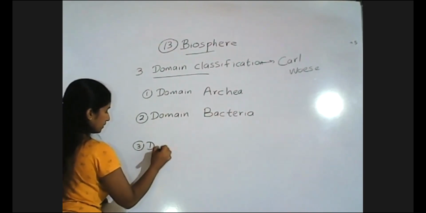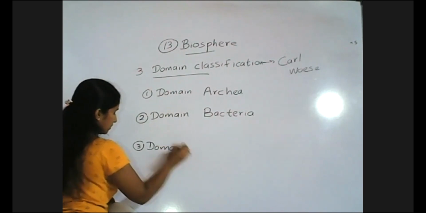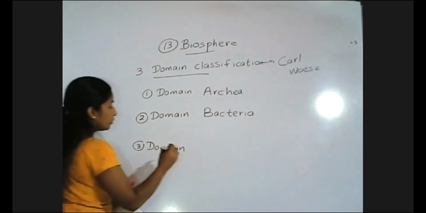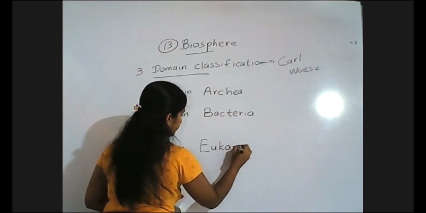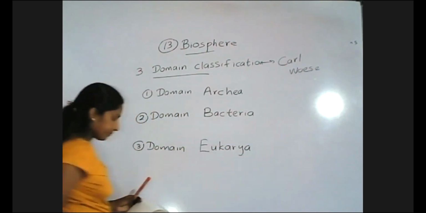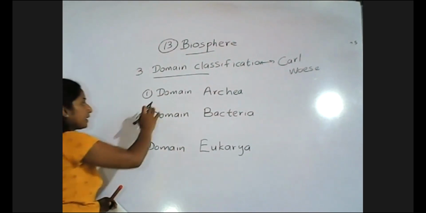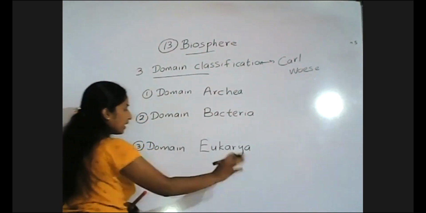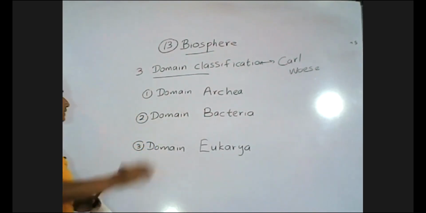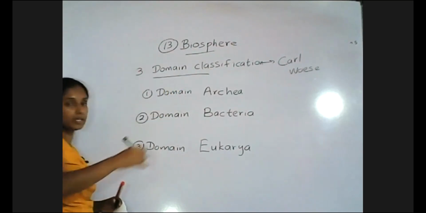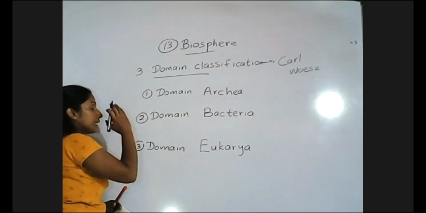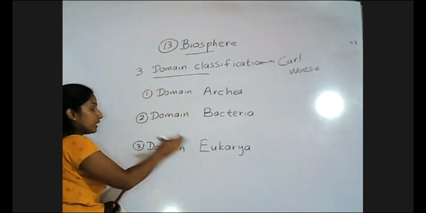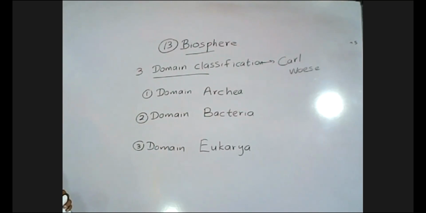The third one, domain Eukarya. Yes, the domain Archaea, domain Bacteria, and the domain Eukarya. That is the three domain classification by Carl Woese. It is a natural classification because Carl Woese used the evolutionary relationships among these organisms, right?